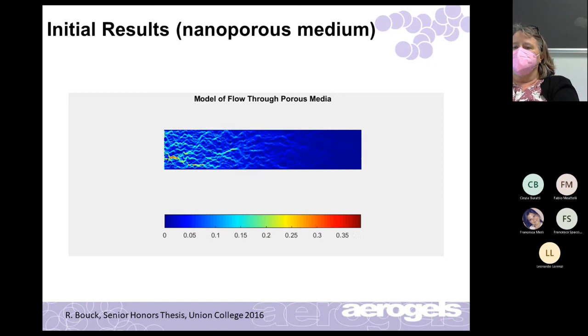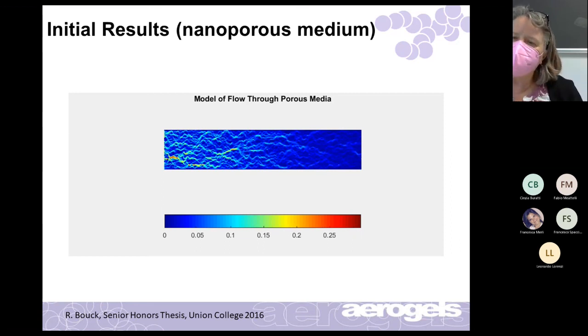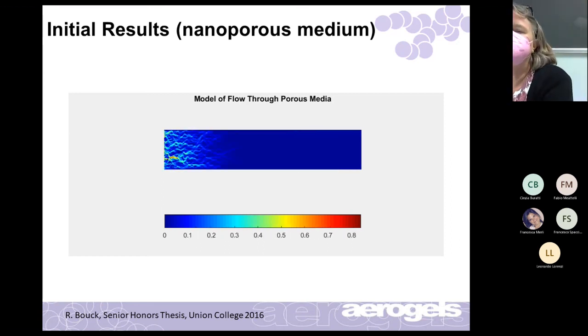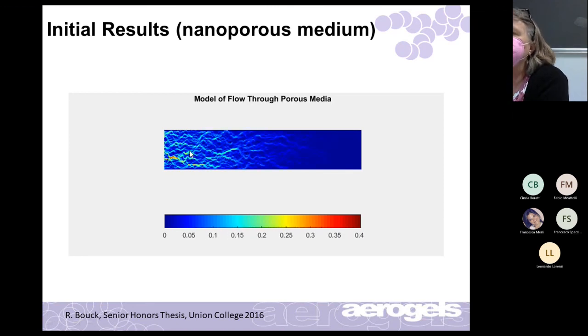As it makes its way through, it has to find its way through this tortuous path, and in some cases it hits a dead end. So it has to find its way through the structure. That's the first thing we've done, but this has no relationship at all to an aerogel. We just made a random structure.